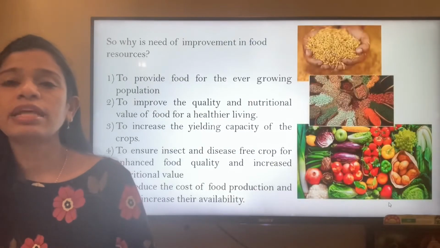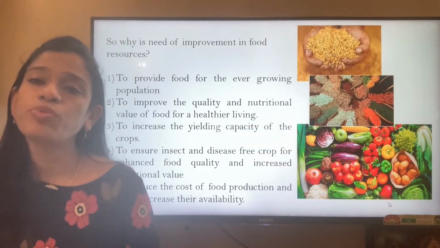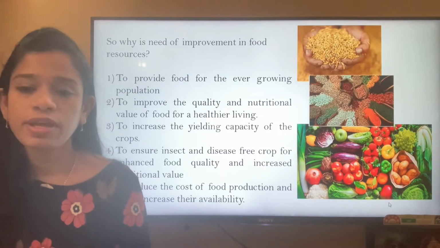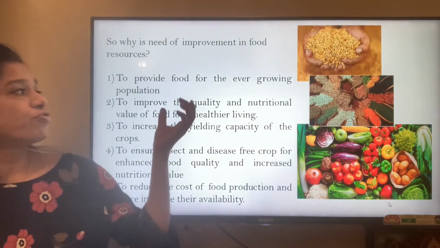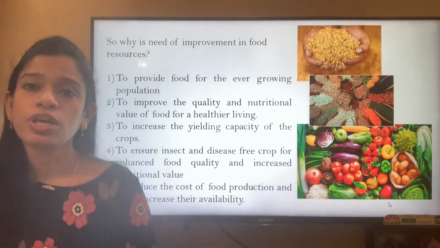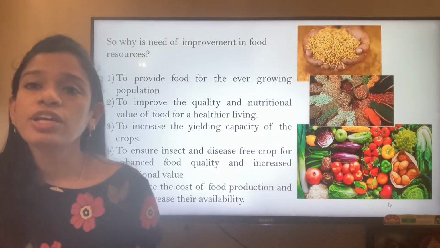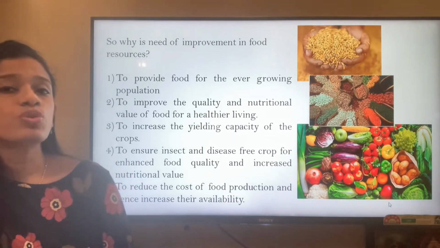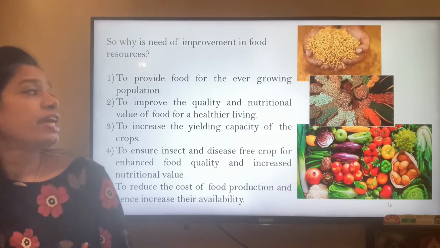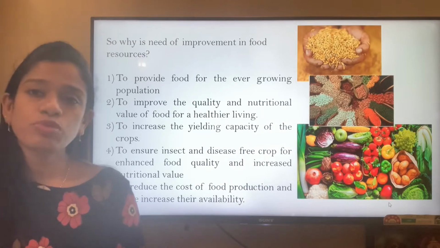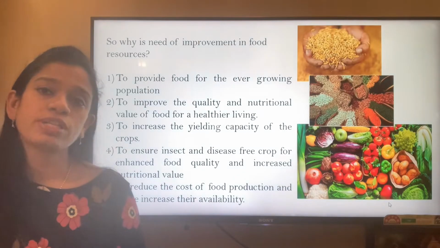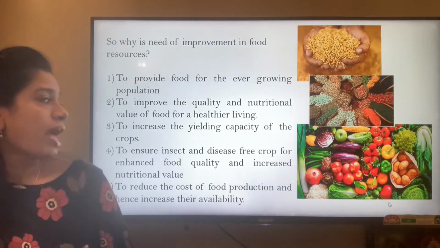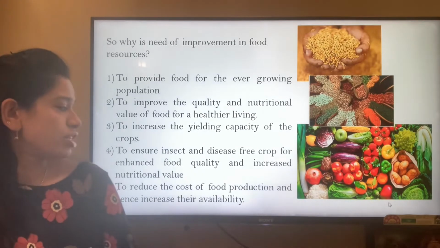Now let's see why improvement of the food resources is so necessary. Because it provides food for the ever-growing population. For the human beings in a country, it is the only source which provides energy. It improves quality, so we must improve the nutritional quality of the food for healthier living, and also increase the yielding capacity of the crops.